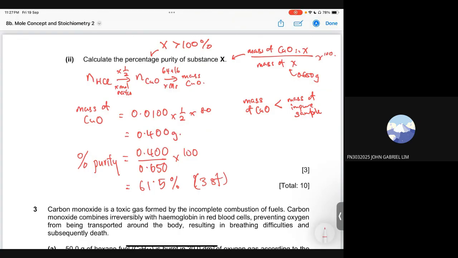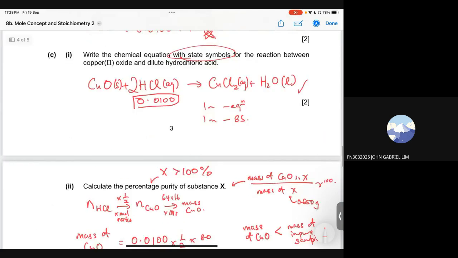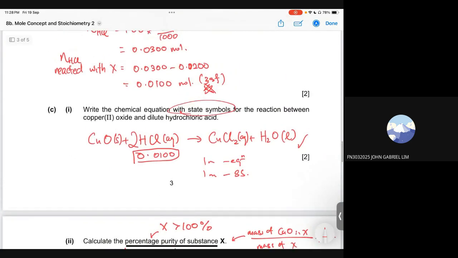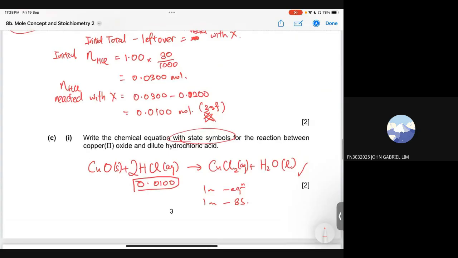For the limiting reagent, for the working, do we have to write down everything you wrote down there?